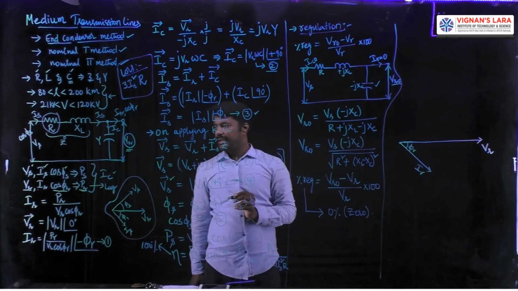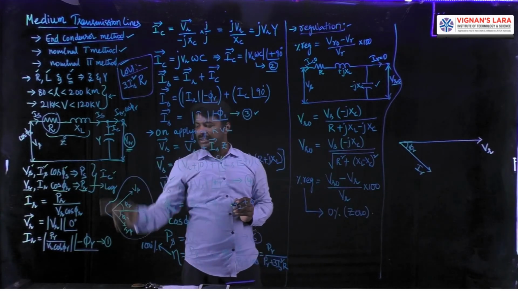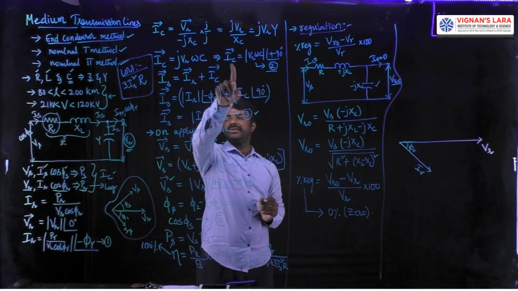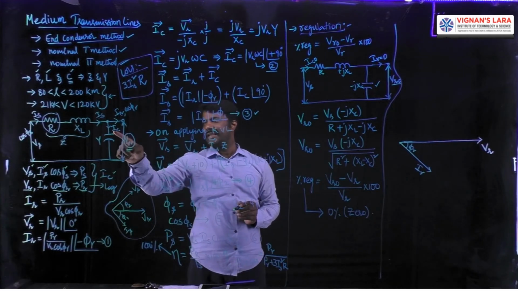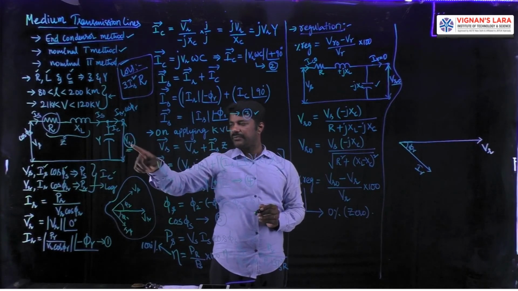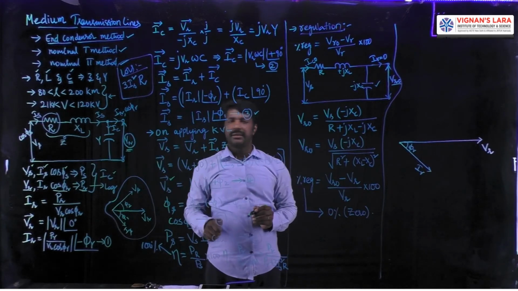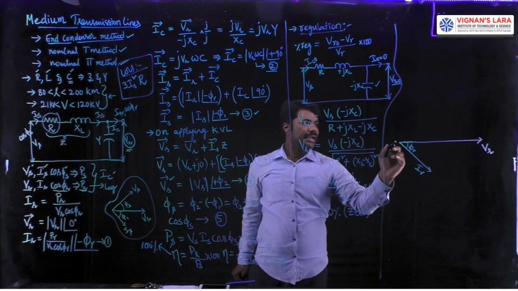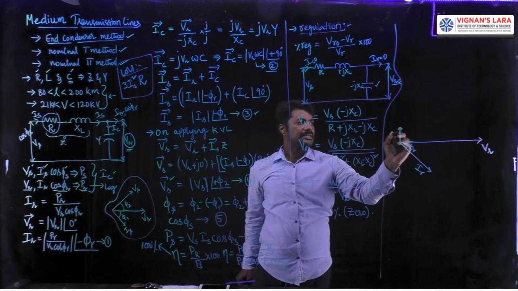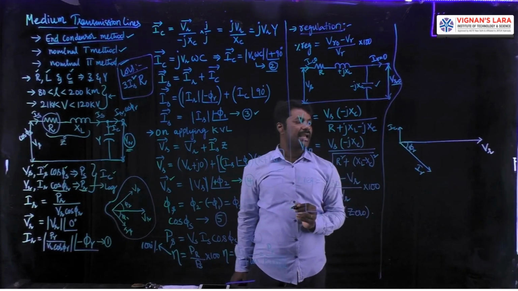Next, to get this second equation, I calculated this IC. This current IC is a leading current with reference to this voltage VR. Thereby, the leading current is shown. What is this current? I call it the leading current in the capacitor, called IC.